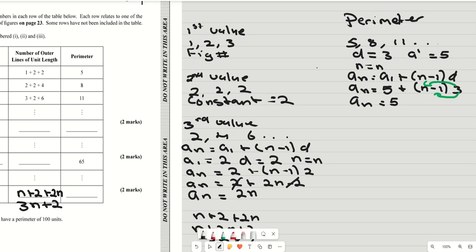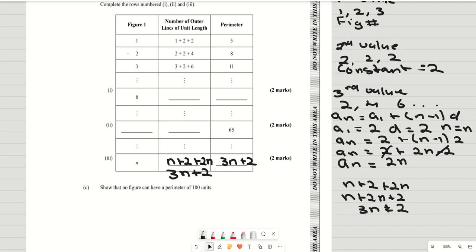So AN is 3N plus 5 minus 3, so AN is going to be 3N plus 2. And that would be your answer for your formula here, 3N plus 2.